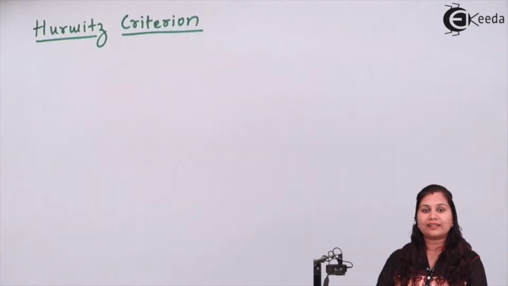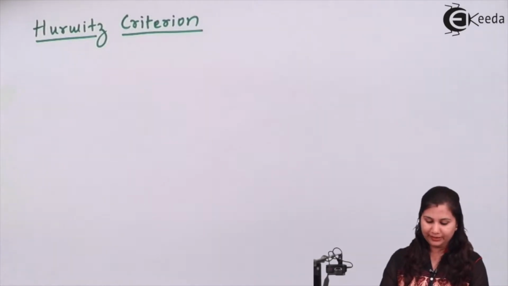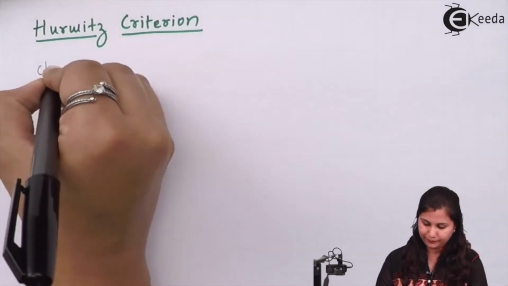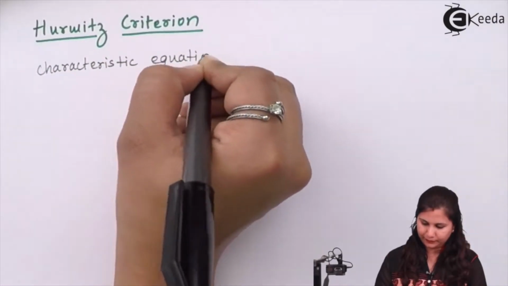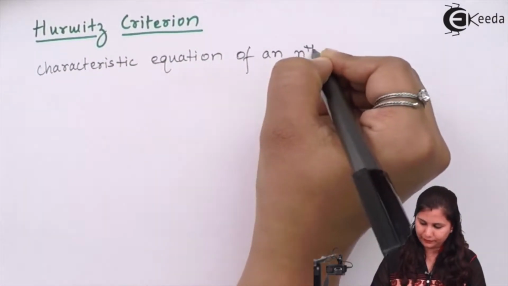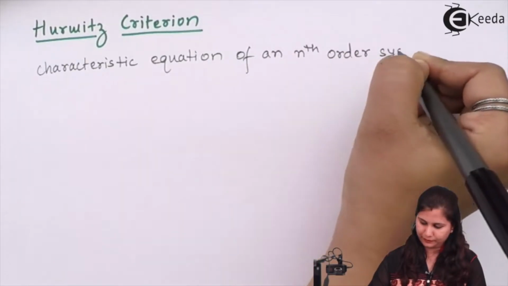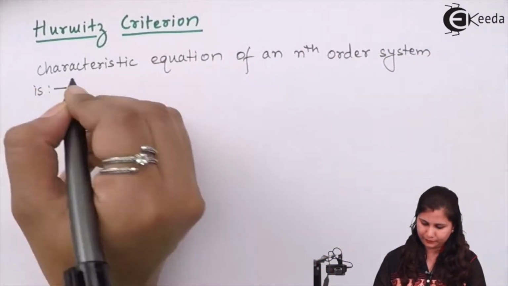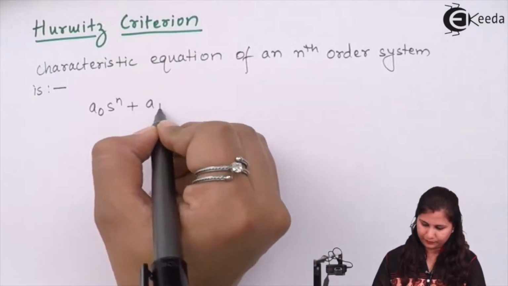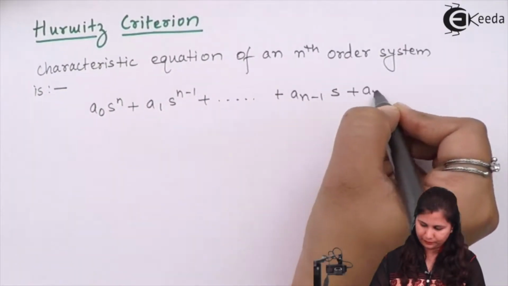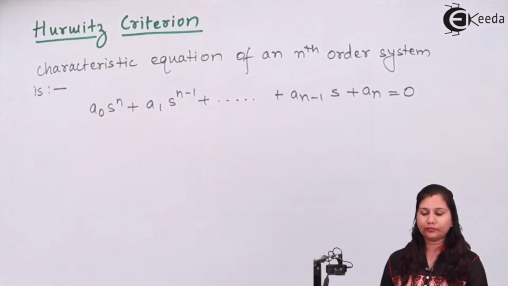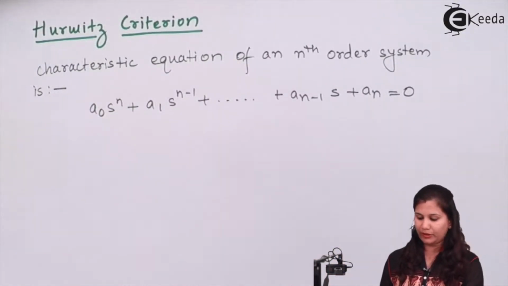If we write the characteristic equation for an nth order system, it will be like this. So this is the characteristic equation of an nth order system.